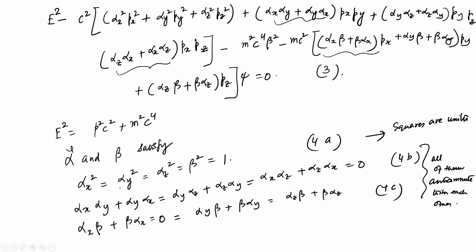Now, that tells us that they can't be simple numbers because of these anti-commutation relations, and all of them squaring up to 1 is only possible for matrices.